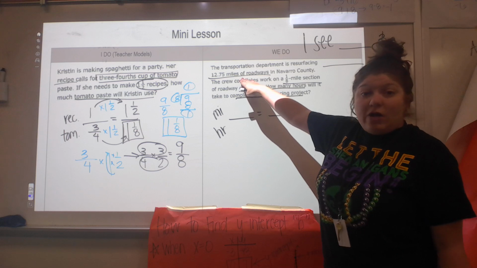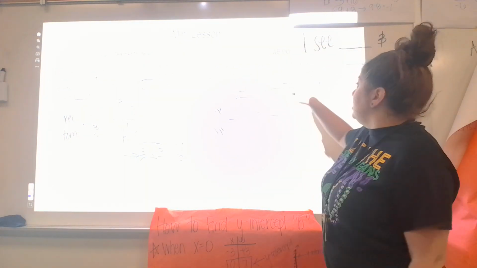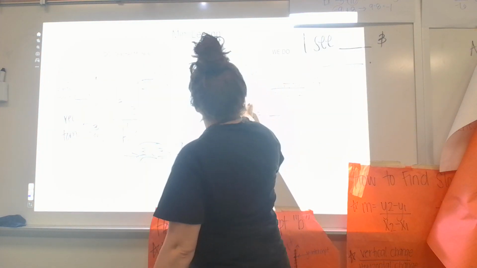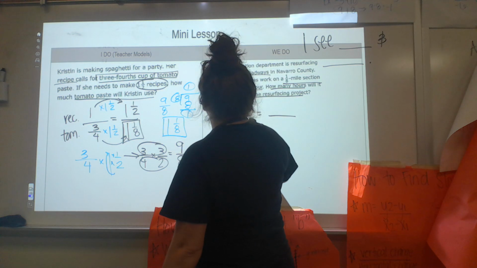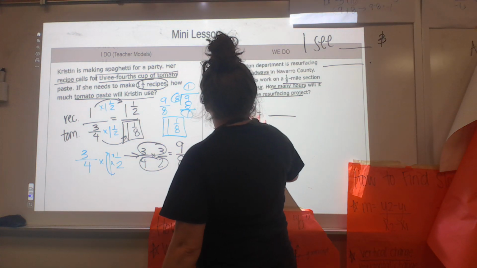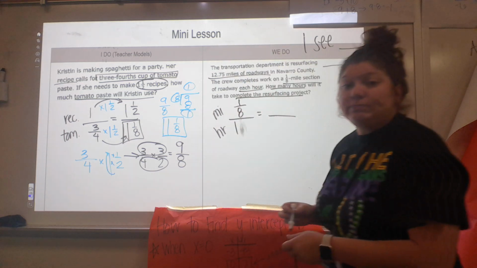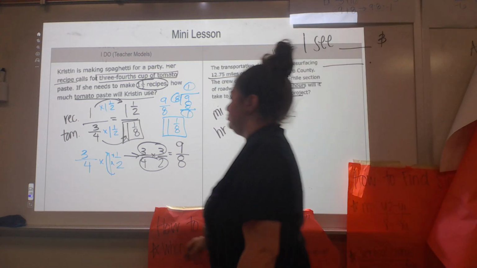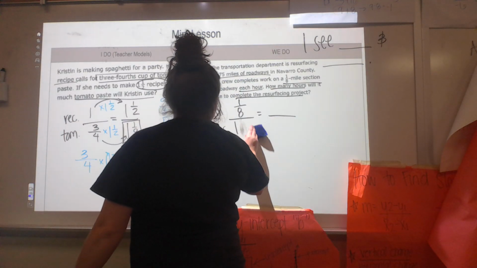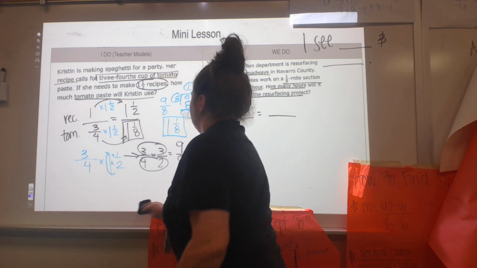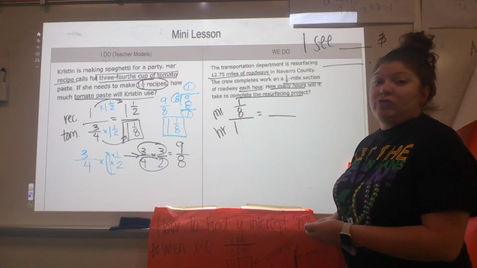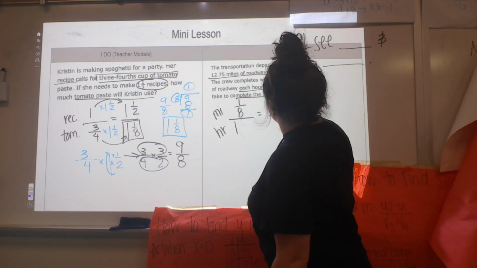I'm not going to start off with my 12.75. I'm going to start off with my 1/8 because 1/8 mile gets me 1 hour. Okay, but I want to get to 12.75.